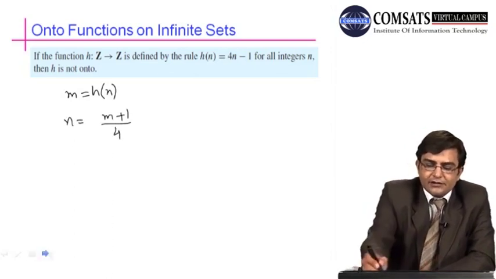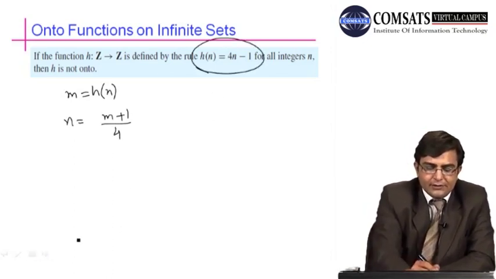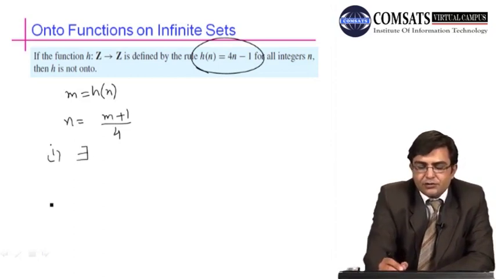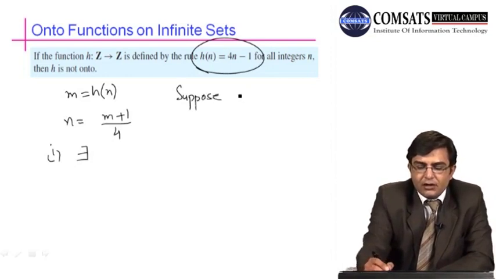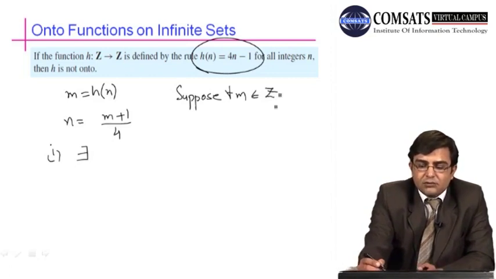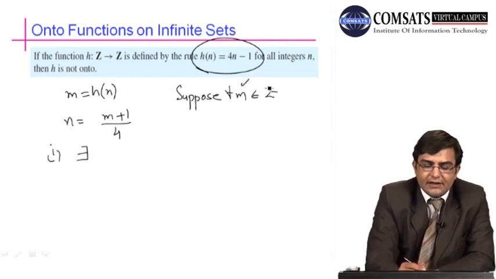Now to prove that this function is onto, the first step is that we suppose for all m belongs to z, we take any arbitrary element m belongs to z, which is from the second set.